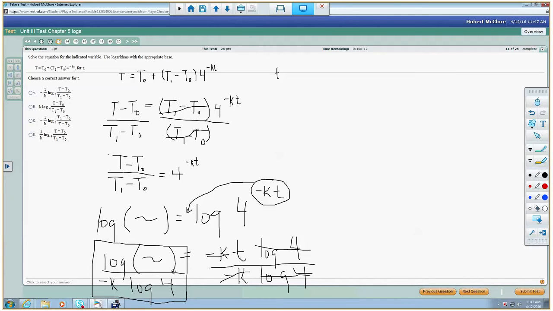That k comes out to the front. So that would be k log of 4 times log of all that junk. Looks like to me it's going to be this right here. D, right, D.